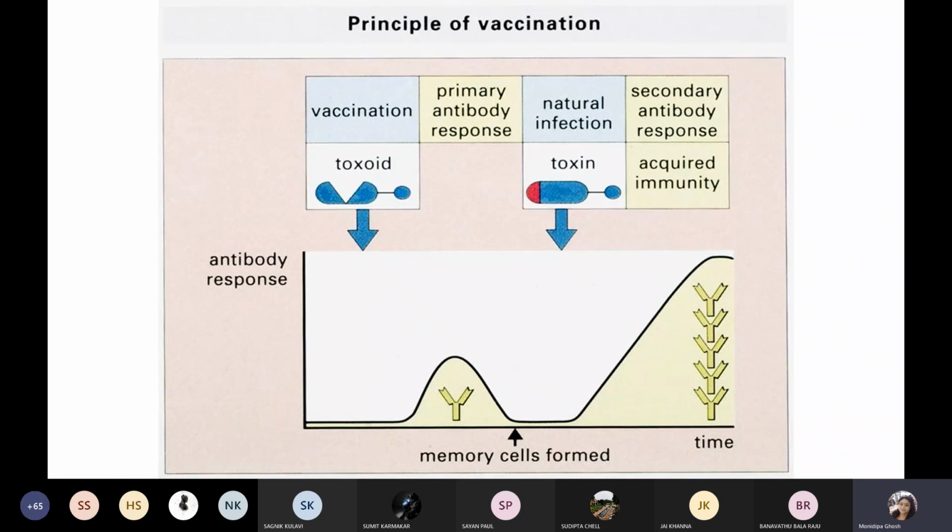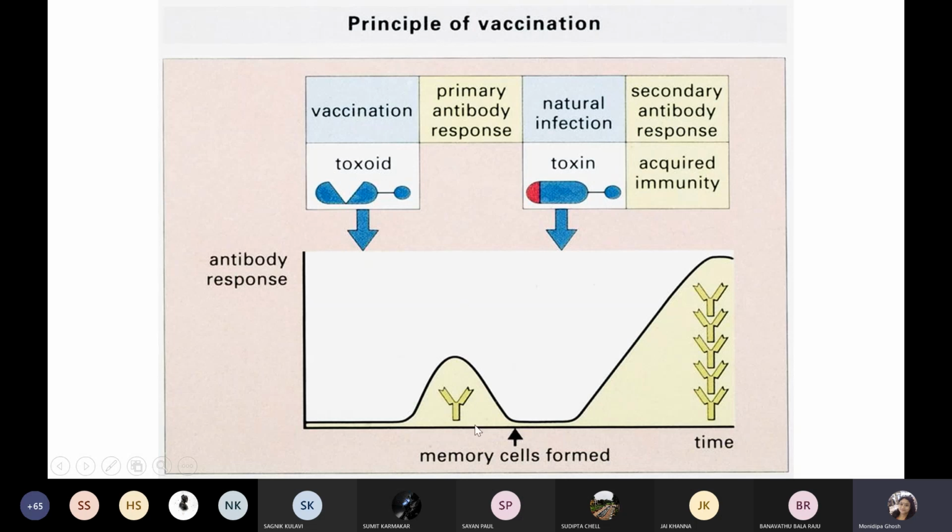Now, after 10 to 12 days, the antibody against the specific antigen is developed and the antibody peak is reached. In this case, for the second time, whether as a vaccine booster dose or natural infection, if the same pathogen or any biomolecule, biomarker, product, or component of that pathogen interacts with the cells, what happens?